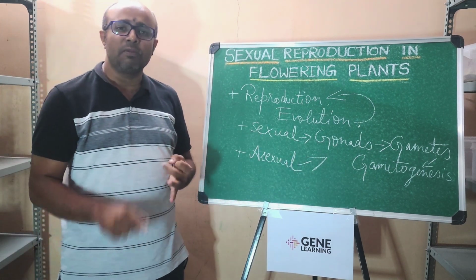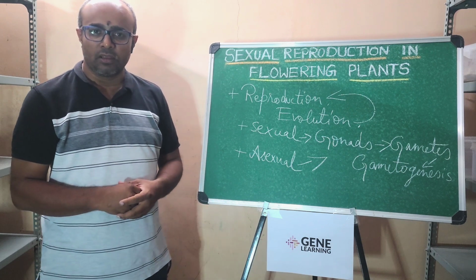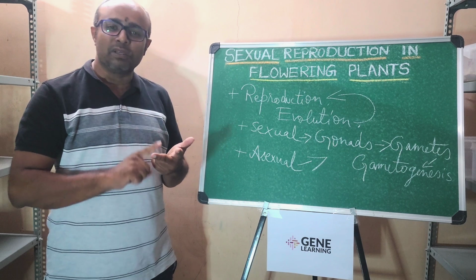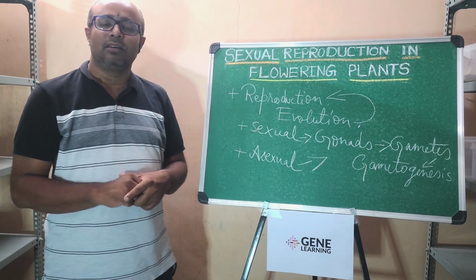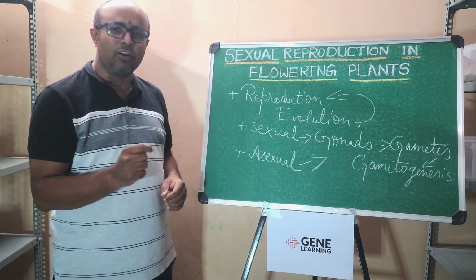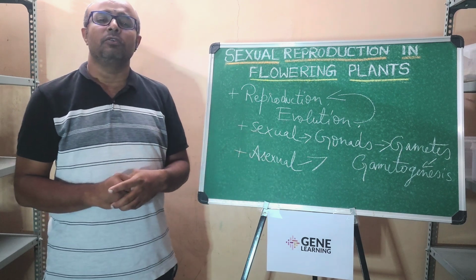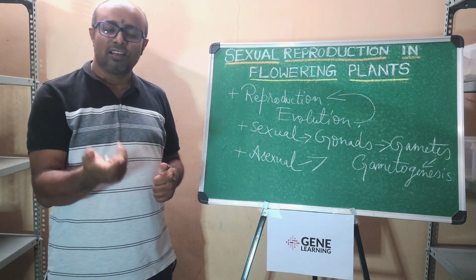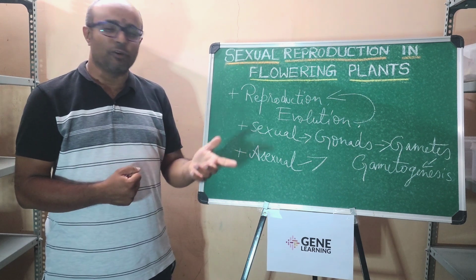No gonads, no gametes, no gametogenesis, no specialized structure, no specialized cells, no specialized process. It is just that if an organism wants to reproduce asexually, it just has many of these processes.